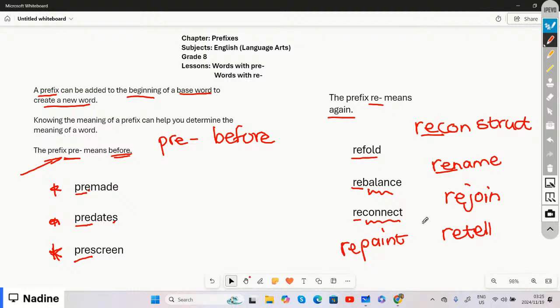Right. And if we look at words with the prefix pre, which means before, then we can say preheat. If you are baking, and they say preheat the oven, then what does that mean? Preheat.